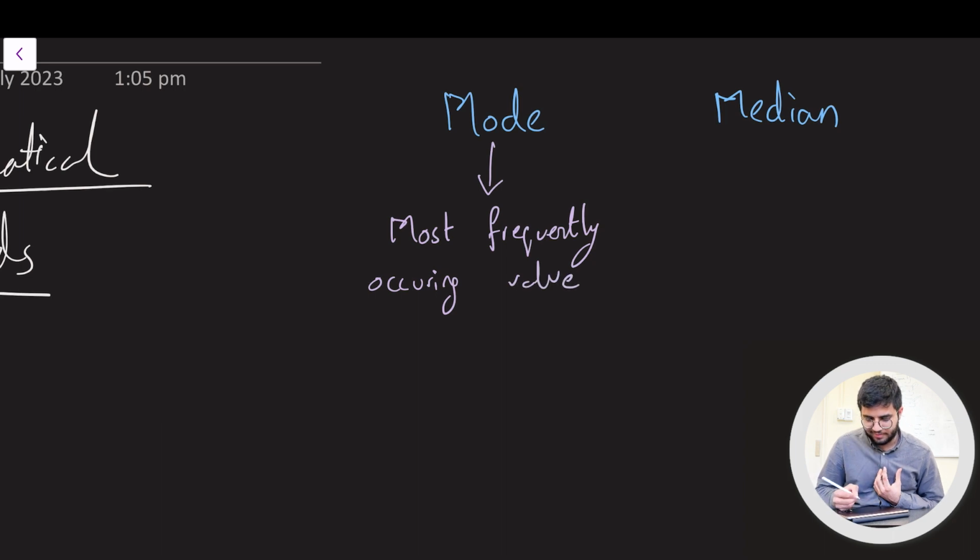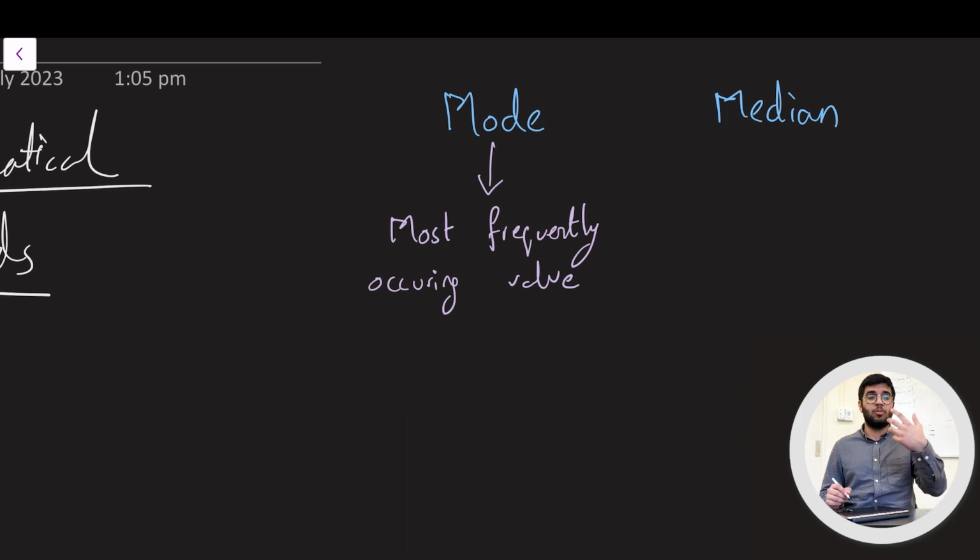So if you have a string of outcomes, you get 1, 2, 2, 5, 2, 5, 2, 5, and you just get a lot of different outcomes, the most frequently occurring one is your mode. It's pretty simple and straightforward.